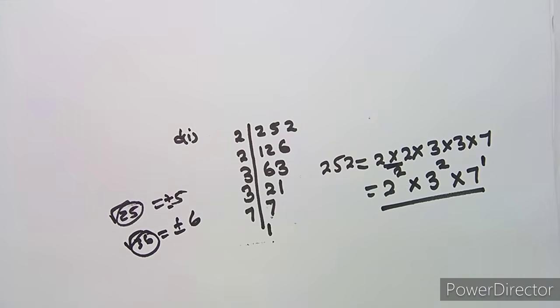So in order for you to have a perfect square, the numbers must be all in even exponents. These exponents that you are given here in index form must be all even exponents. That's a perfect square.